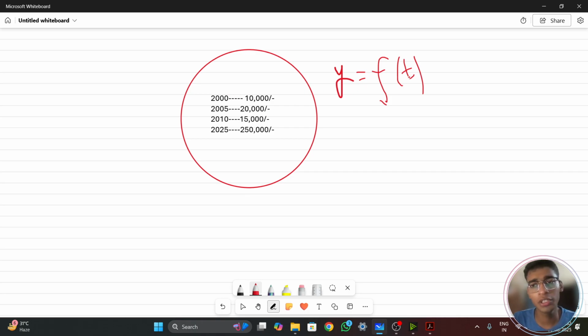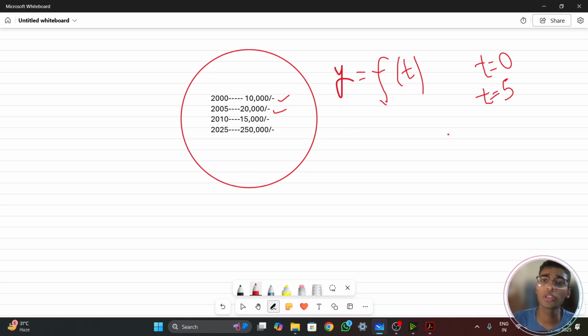If my base year is 2000, then t equals 0. At t equals 0, the value of y was 10,000. At t equals 5, taking the base year as 2000, so in 2005, the price of my house was $20,000. So f of 5 would have been 20,000.